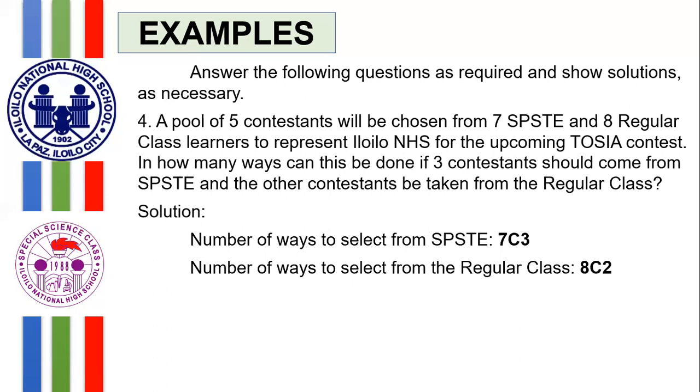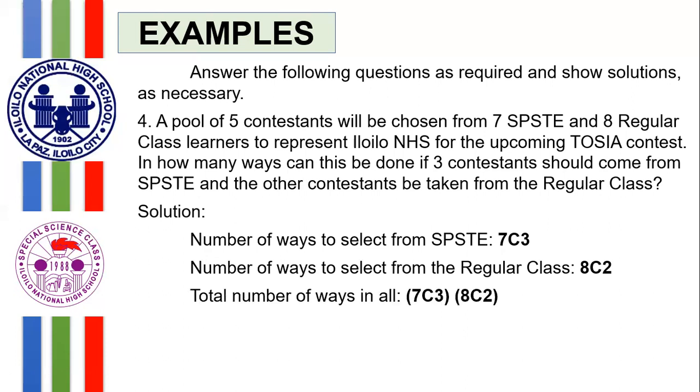So we are done with the combinations. But again, what should we do with 7C3 and 8C2? Remember, by the fundamental counting principle, if one independent event can occur in m ways and the other independent event can occur in n ways, then the number of combinations in all is mn.